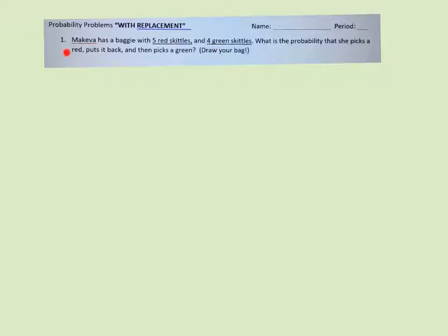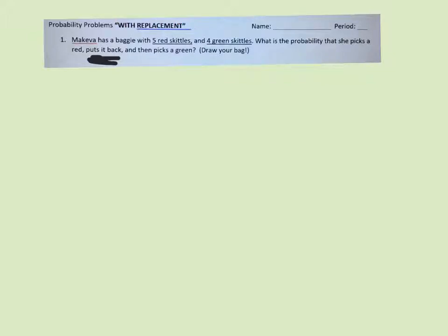All right, so the first problem says Makiva has a baggie with 5 red Skittles and 4 green Skittles. What is the probability that she picks a red, puts it back, then picks a green? So this "puts it back" is a key thing to pay attention to. That means with replacement.